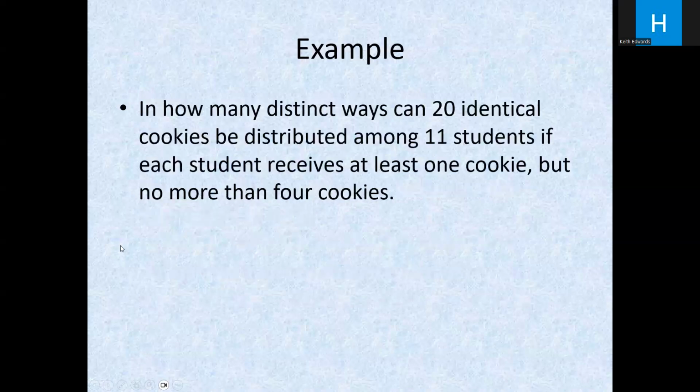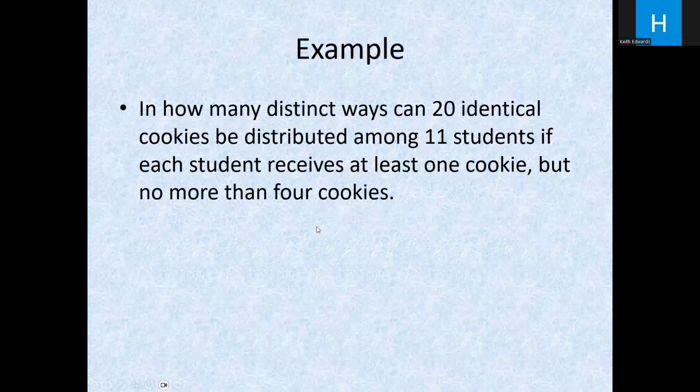Another example: how many distinct ways can 20 identical cookies be distributed among 11 students if each student receives at least one cookie, but no more than 4? We'd often do this one in class, and the first student to come up with the solution would be the one who gets to distribute the cookies.